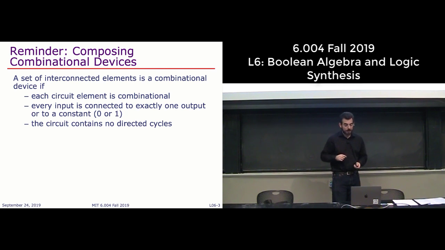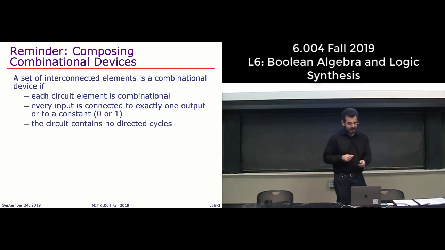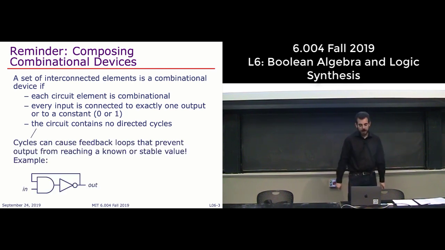Now, the first property, that each input is connected to exactly one output, is more or less obvious. You don't want multiple outputs to fight over setting a particular input. The one that was less obvious was the property that the circuit contains no directed cycles, which we call having an acyclic network. And so we ended up with this example.